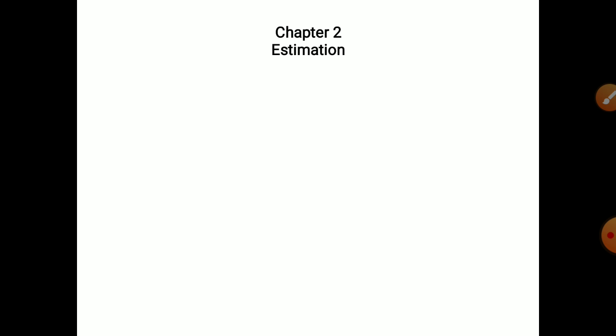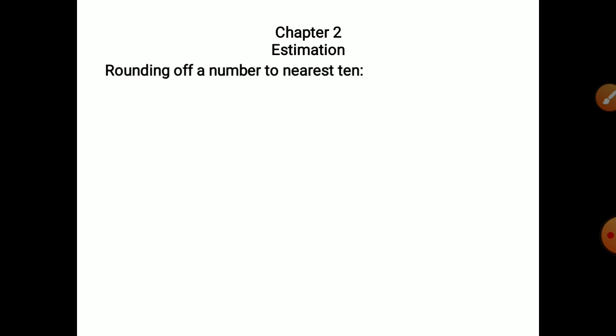Estimation means to make an idea about quantities, to judge approximate size, cost, population, etc. In this chapter you will study how to approximate or round off a number to its nearest tens, nearest hundred and nearest thousands.